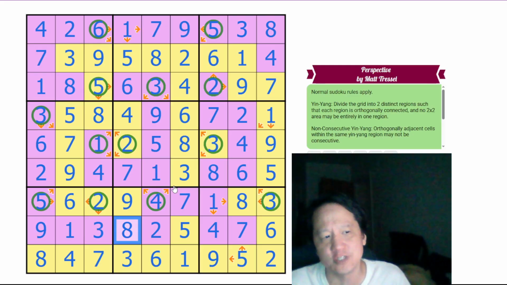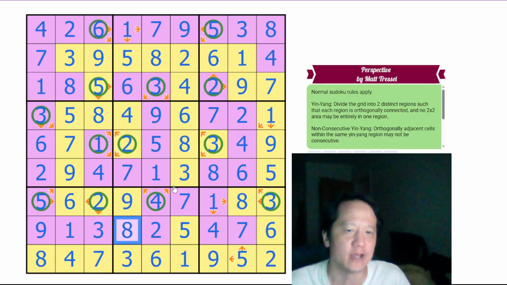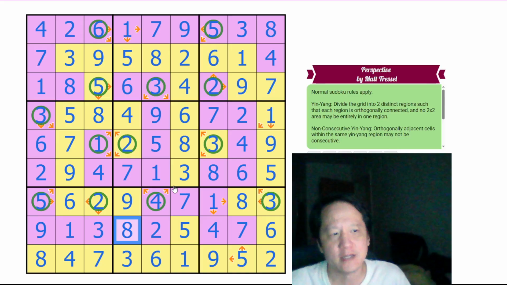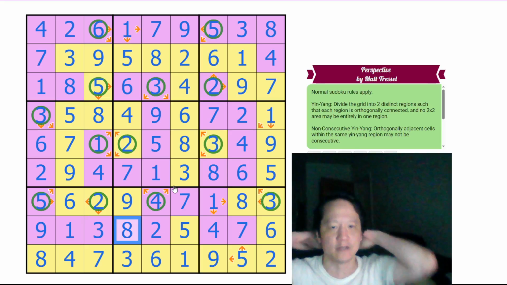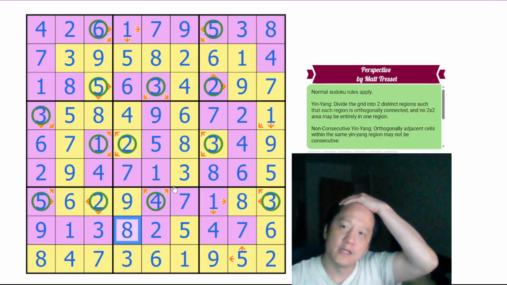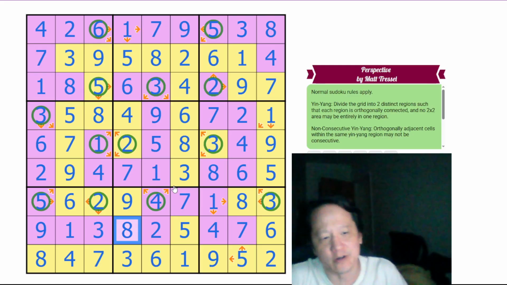Logic-wise, it's still really hard. It might still be very hard logic too, but it's really hard to judge the difference of logic necessarily. Yeah, I would place that as very hard.